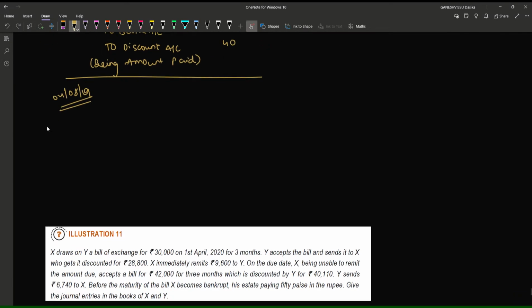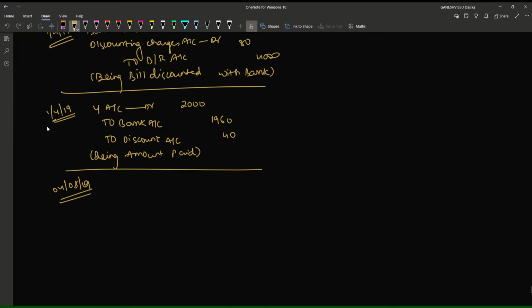That means we have accepted the bill of exchange, for which we are going to add the entry Y account debit to bills payable. Being bill accepted.